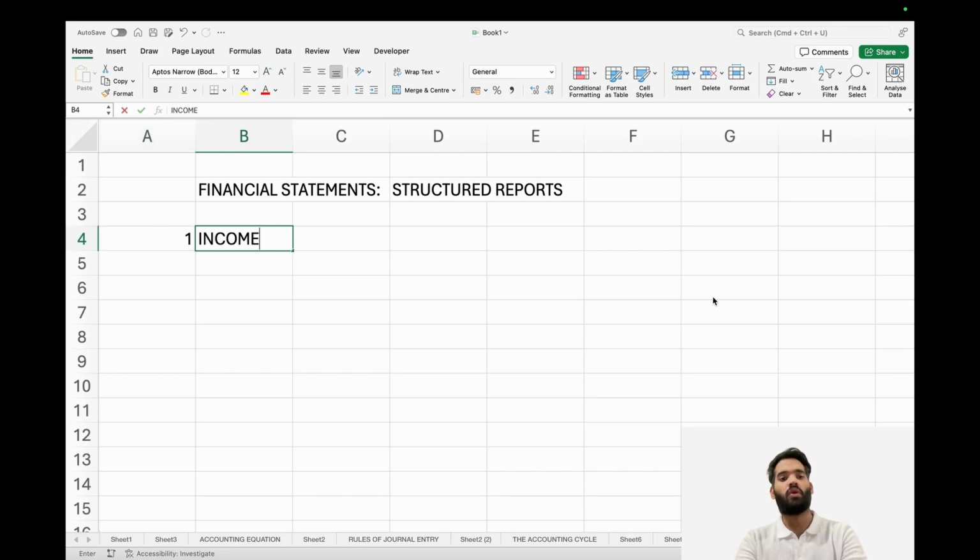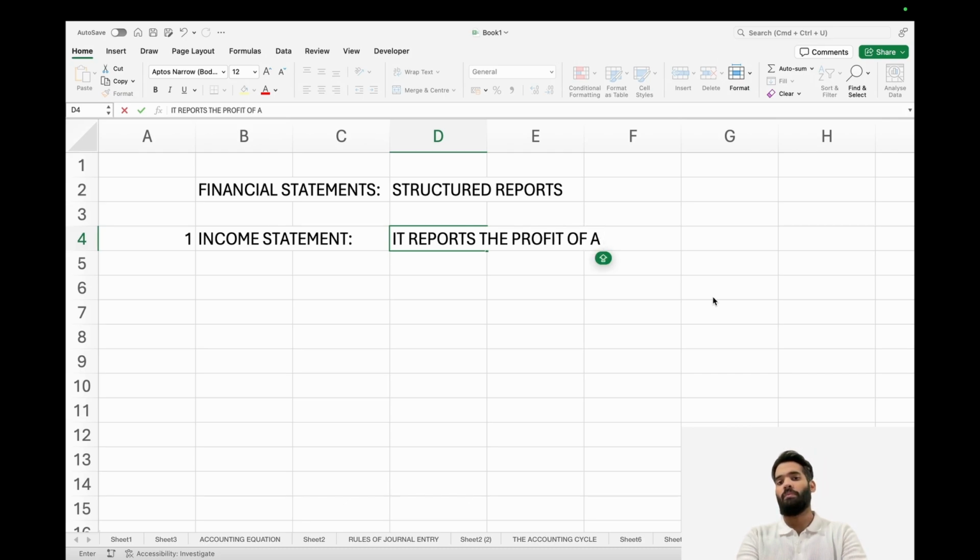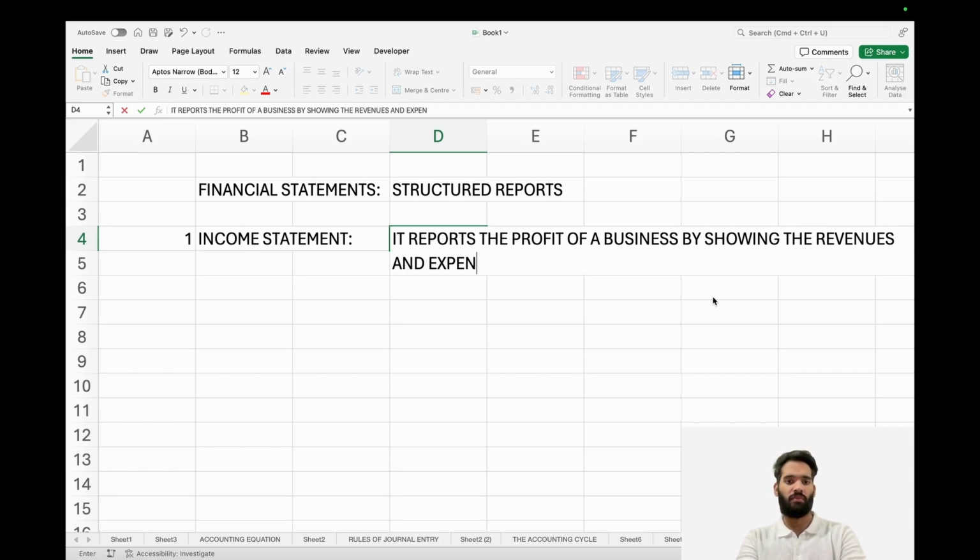First, we have something called the income statement, which is also called statement of profit or loss in some countries. So what does the income statement tell us? The income statement reports the profit of a business by showing the revenues and expenses.